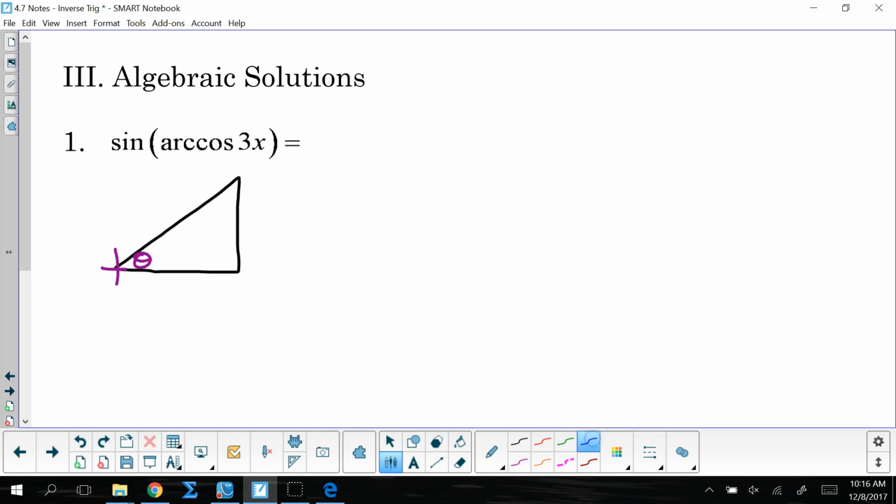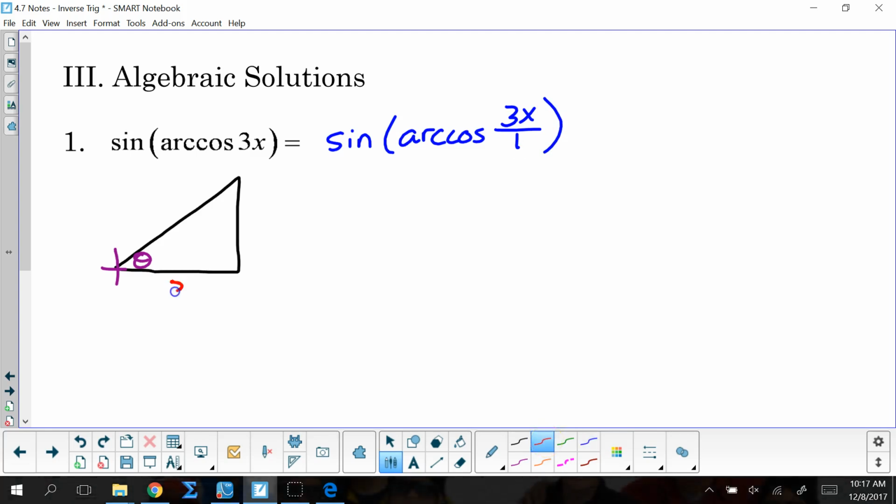What this really means is this is the sine of the arc cosine of, let's put it in fraction form, 3x over 1. So now my adjacent side, because I'm dealing with cosine, is 3x, and my hypotenuse is 1.